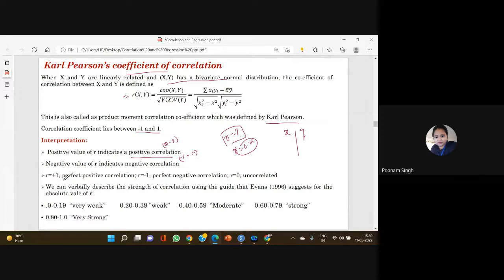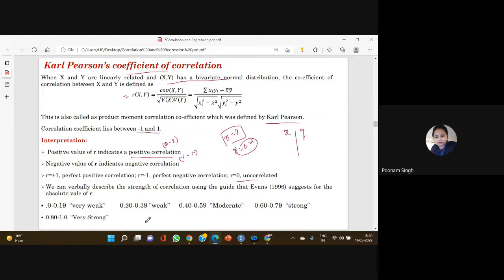Now, if r is equal to +1, then perfect positive correlation, meaning there is a proportionate increase when one variable increases. -1 is perfect negative correlation, meaning there is a proportionate decrease when one variable increases. If r is equal to 0, then we say they are uncorrelated. It means there is no linear relationship between the two variables.